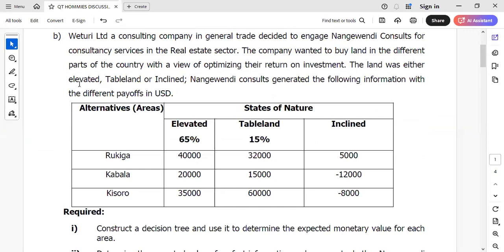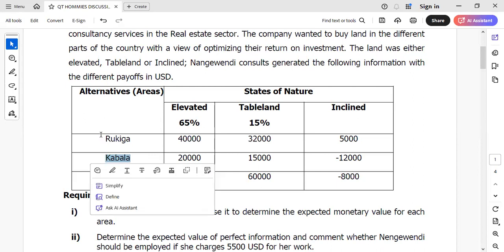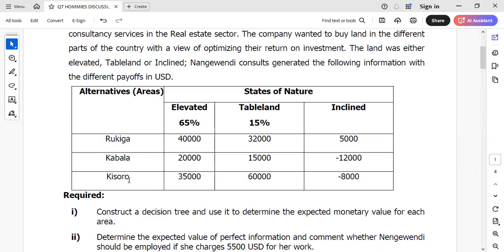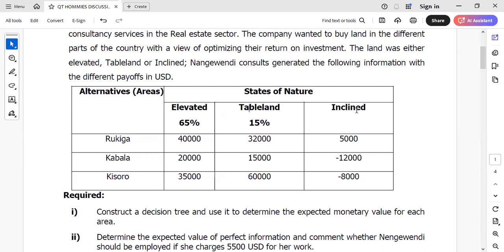The land was either elevated, tableland, or inclined. Nange Wendi Consults generated the following information with different payoffs in US dollars. The alternatives are the areas: Ruchiga, Kabare, and Kisoro. The states of nature are elevated, tableland, and inclined.